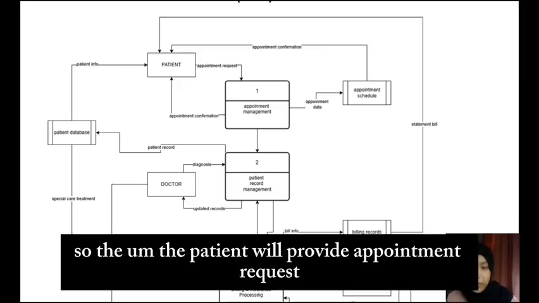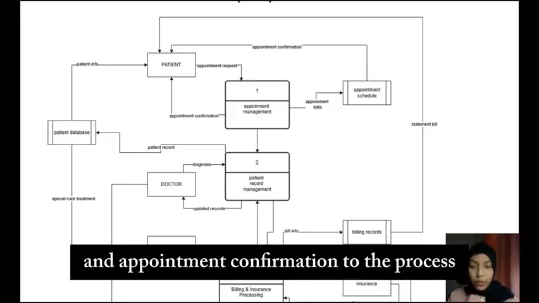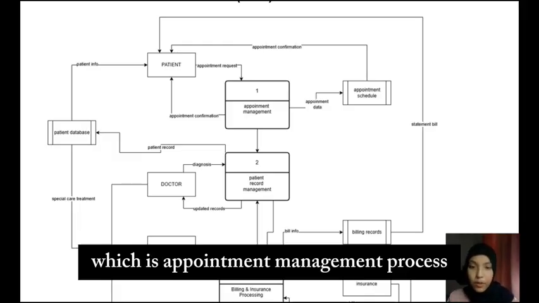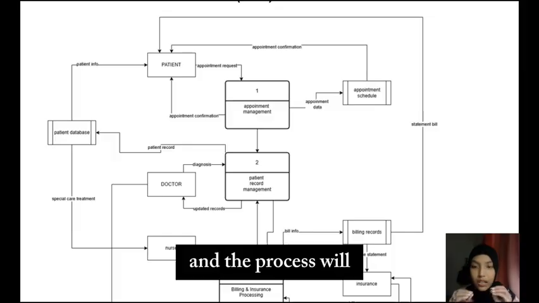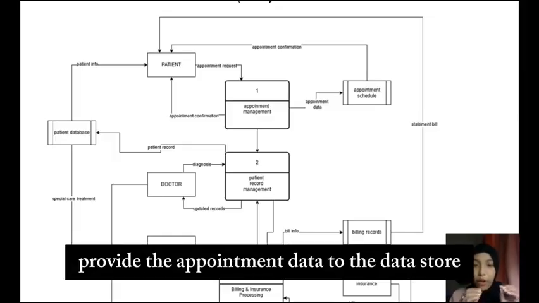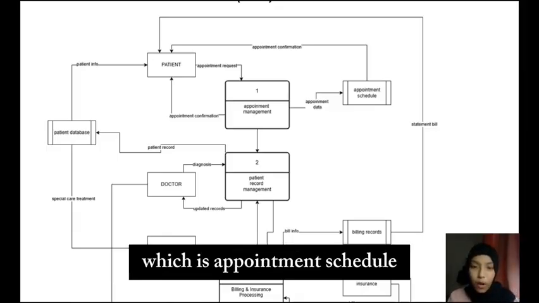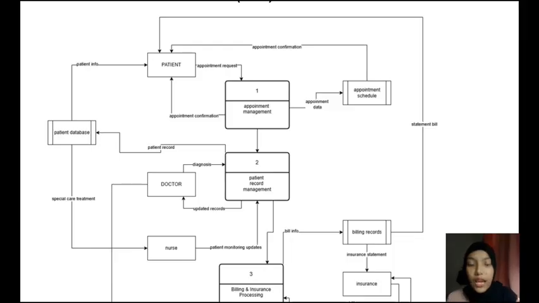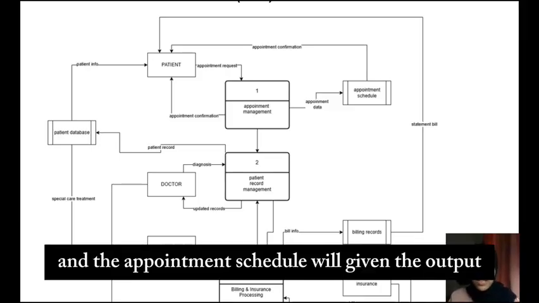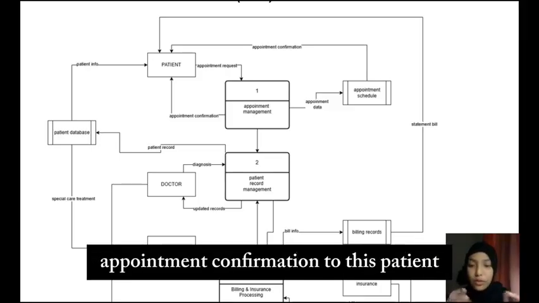The patient will provide appointment request and appointment confirmation to the appointment management process. The process will provide the appointment data to the data store, which is appointment schedule, and the appointment schedule will give the output appointment confirmation to the patient.